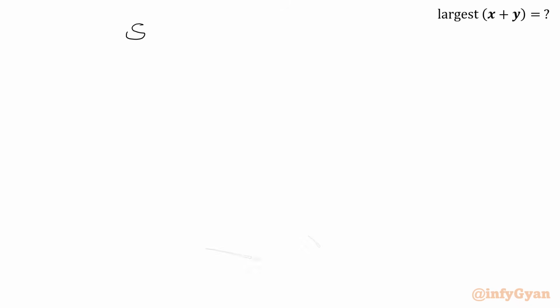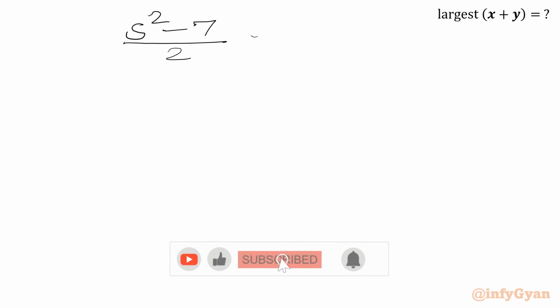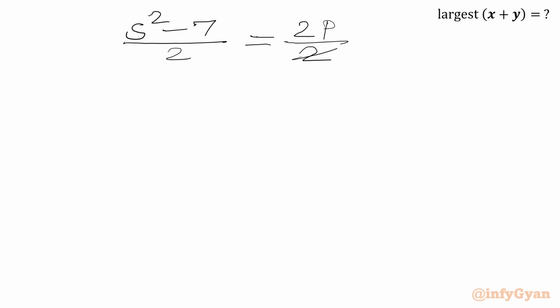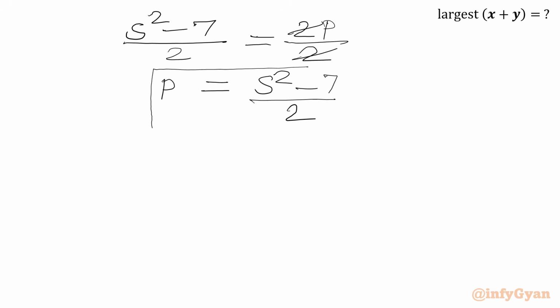So I will write S square minus 7 over 2 and 2P over 2. So 2 and 2 from RHS will be over. We will get P equal to S square minus 7 over 2. Let's say this is our equation number 3.